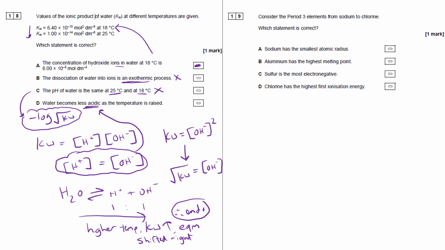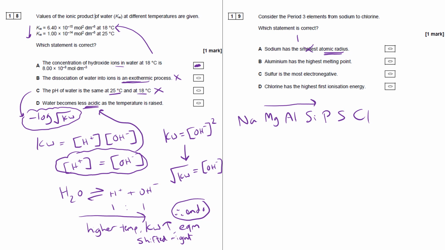Question number 19. As we go across the period from sodium along to chlorine, so sodium, magnesium, aluminium, silicon, and phosphorus, sulfur, chlorine. Just thinking about those trends, the atomic radius decreases across a period.